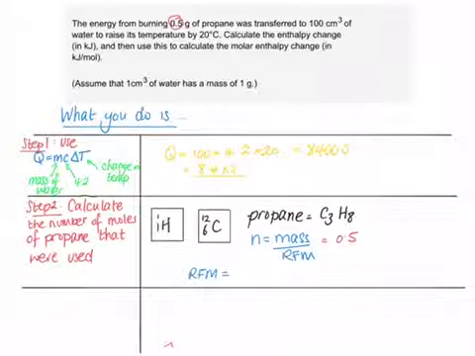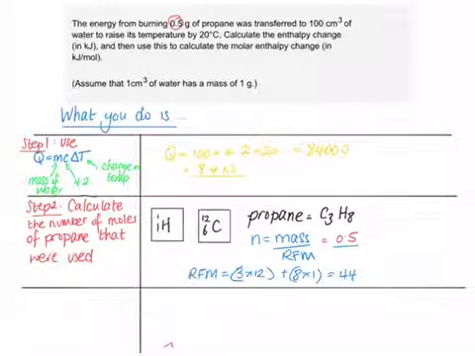is 3 carbons. Each carbon weighs 12, so that's 3 times 12. Plus, there are 8 hydrogens, and each hydrogen weighs 1. Plus 8 times 1, which equals 44.